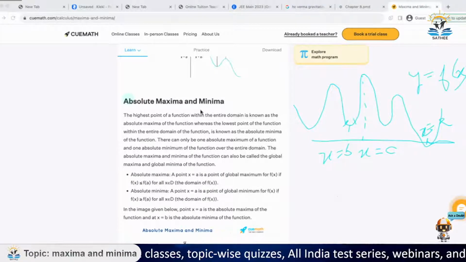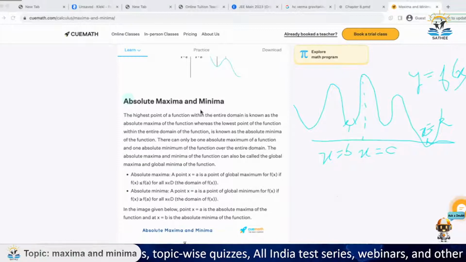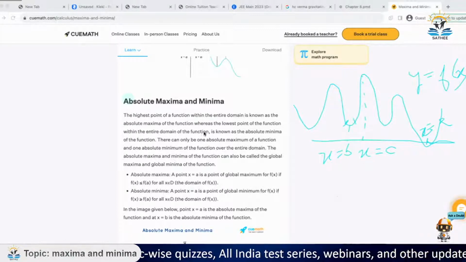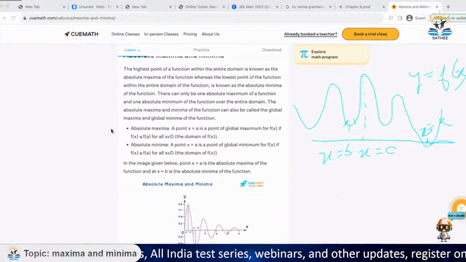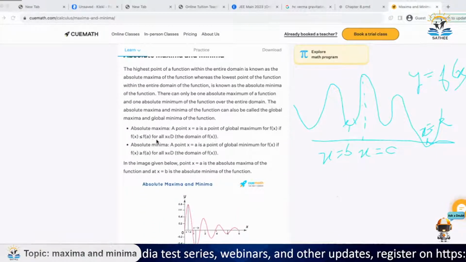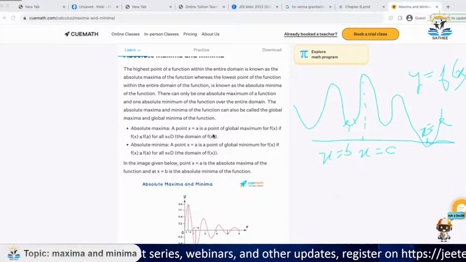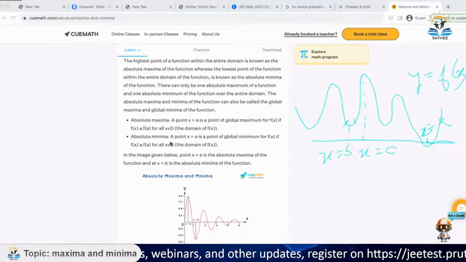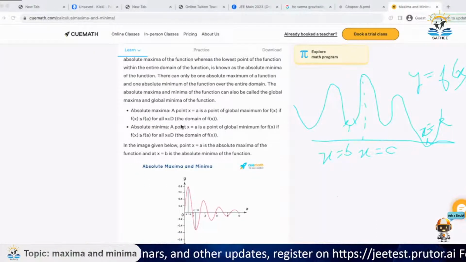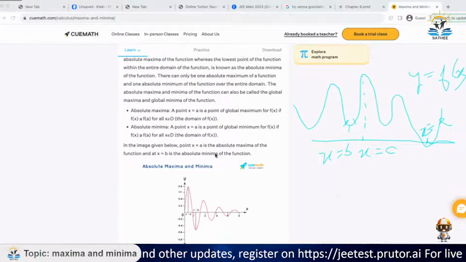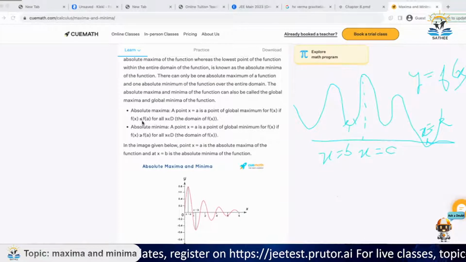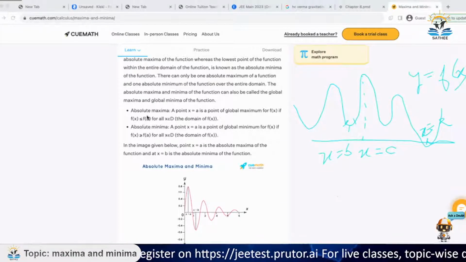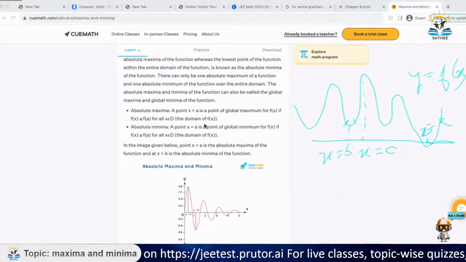Okay. So how do we define absolute maxima? A point x is equal to a is a point of global maxima for f of x if f of x is less than or equal to f of a for all x belonging to D, where D is the domain of f of x. It basically says that f of a is the greatest value in the entire domain of the function f of x.